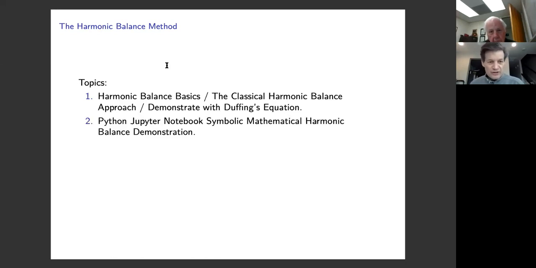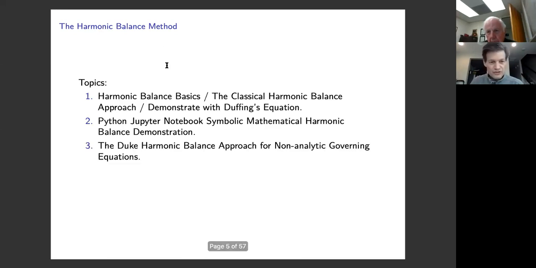Then I want to do a quick demo on a Python Jupyter notebook to show you how, if you have an ordinary differential equation that you're interested in applying the harmonic balance method to, you can use this as a template and do some harmonic balance analysis on your own.